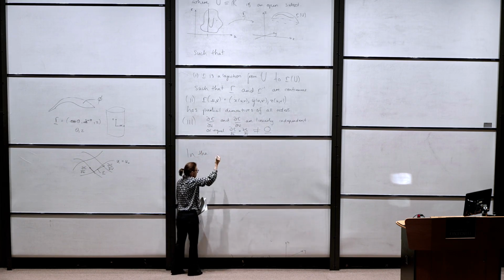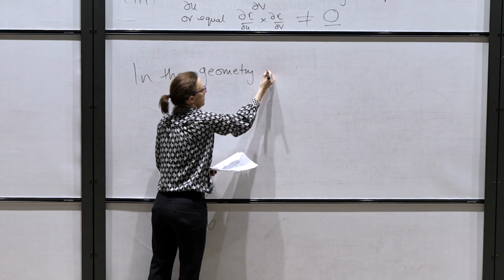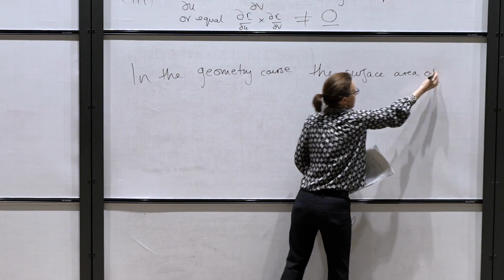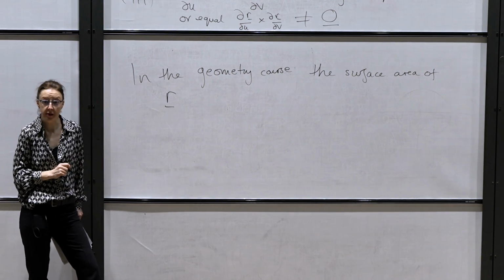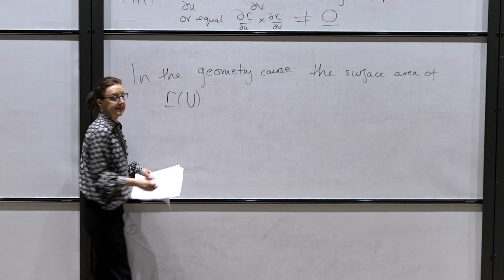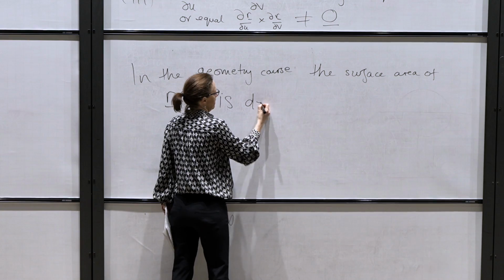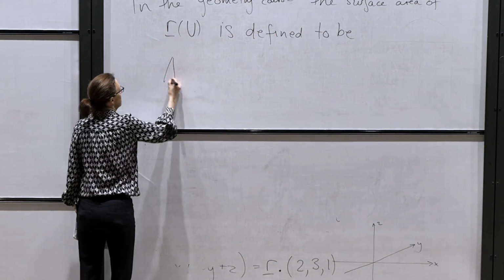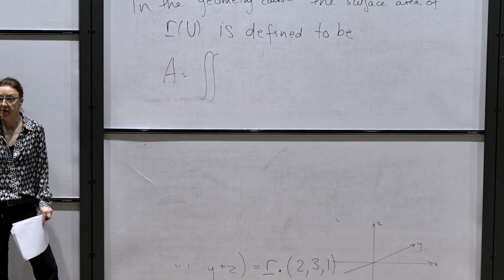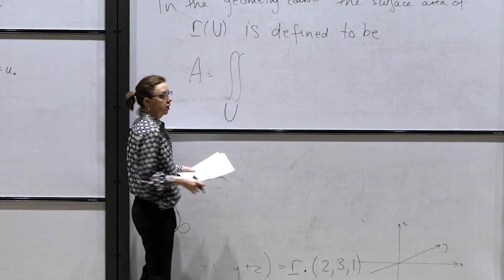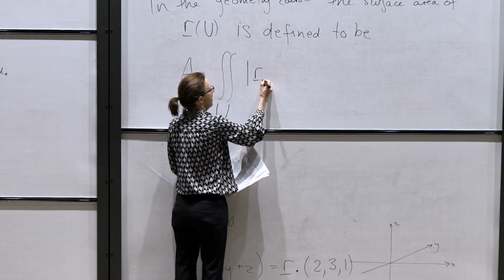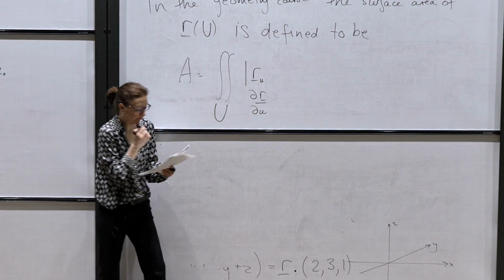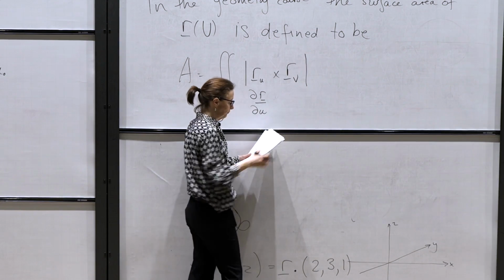So the surface area of the surface, r, that's the position vector of the points in the surface, parameterized by parameters in the set U, is defined to be the double integral, because you're going to be integrating over the two parameters that define the surface, so over the set of values U, the modulus of r_u, where the subscript u here is notation for partial dr, partial du, cross with r_v, same notation, du dv.